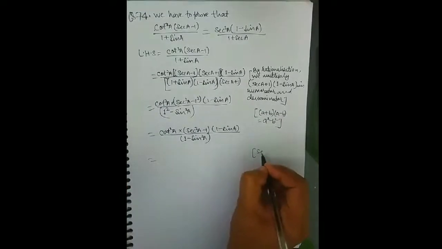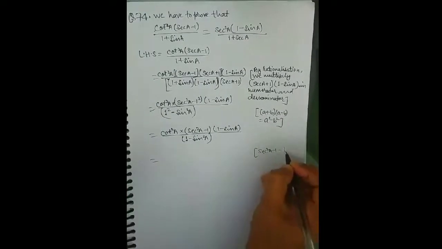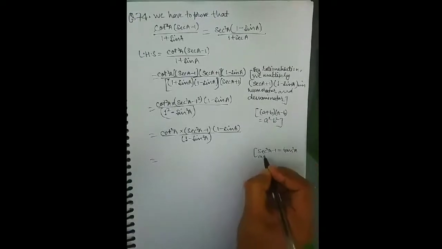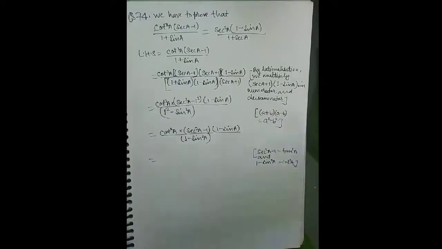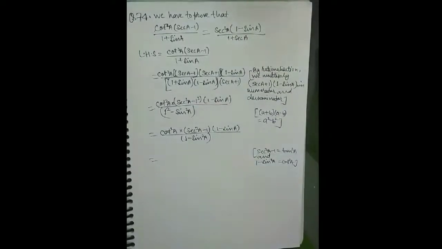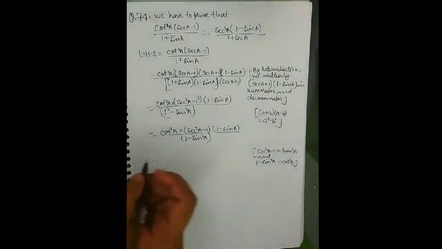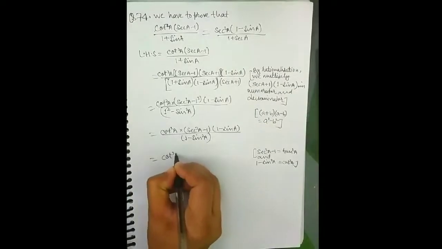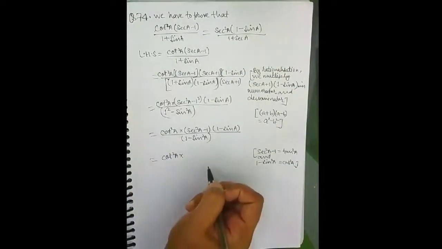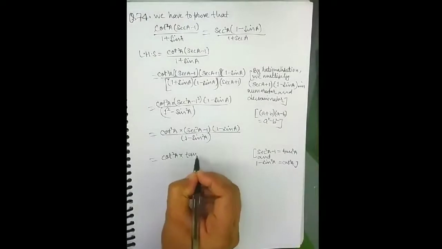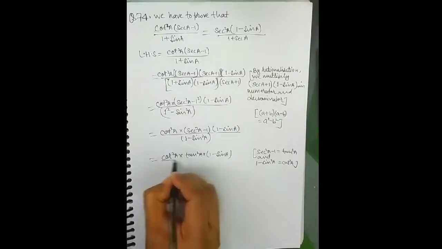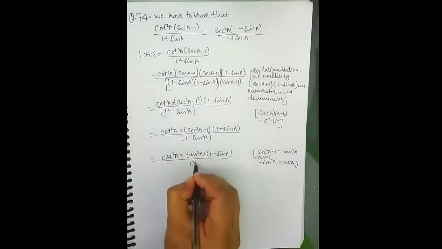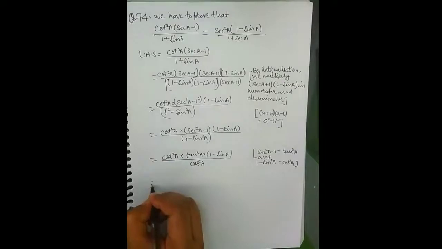Here we will use the formula sec square a minus 1 equal to tan square a, and 1 minus sin square a equal to cos square a. So we can write cot square a into (sec square a minus 1), that is tan square a, into (1 minus sin a) upon (1 minus sin square a), that is cos square a.